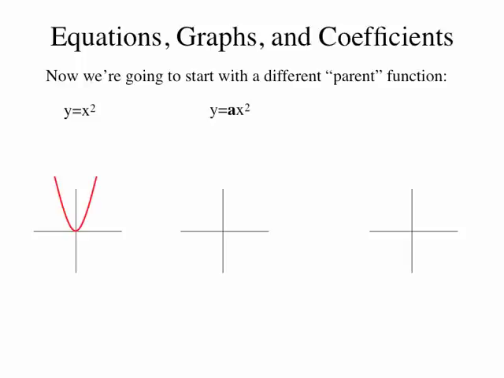If we add a coefficient in front of the x squared term, it's going to change the steepness of our parabola. So for example, the parabola shown in red here corresponds to an a value of 1, y equals 1 x squared. If we make a bigger than 1, our parabola stretches up and becomes skinnier. It might look like this.